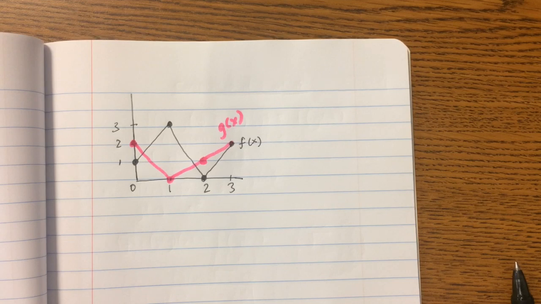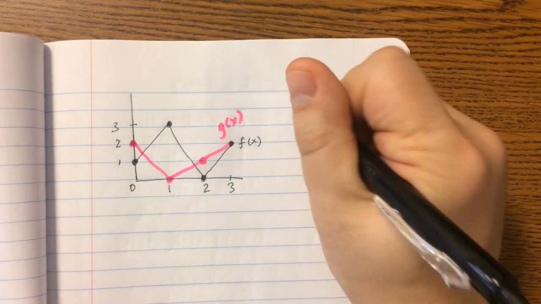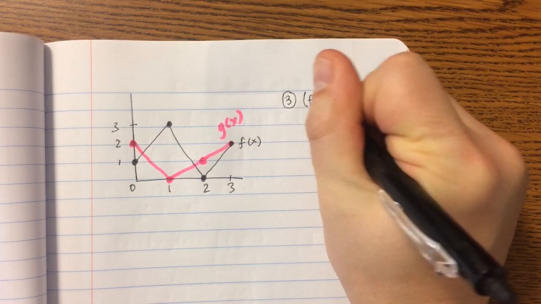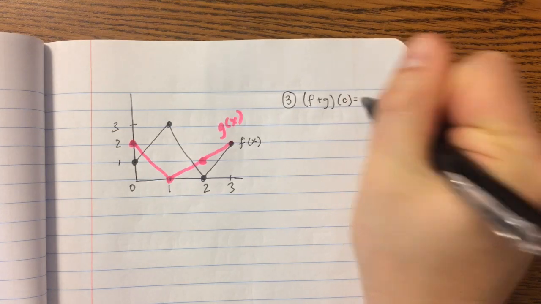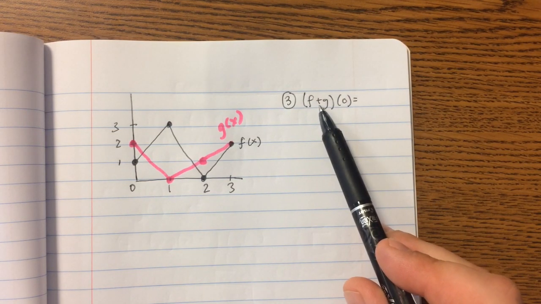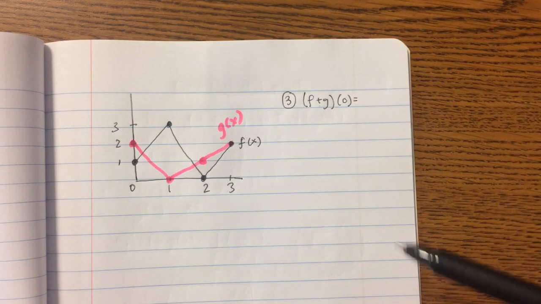From this graph, we can answer a lot of questions. And so let's just do a few. Like, I can ask you now, what is f plus g of 0? So this is going back to the combinations, just f plus g. The way you will evaluate this is by identifying the values of both functions at 0, and then adding the values of those functions.